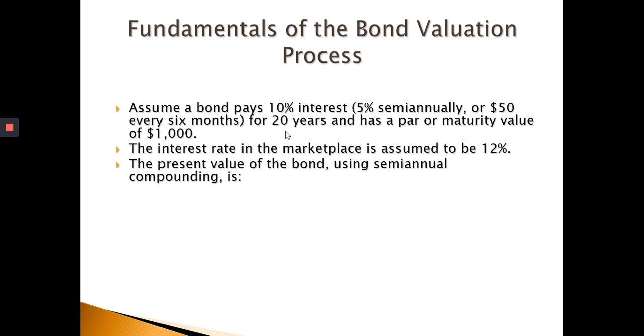So N equals 40, your annuity is 50, your R is 12%, and your future value is 1,000. So we have all the information. You can calculate the present value annuity for coupon and the present value of par value.